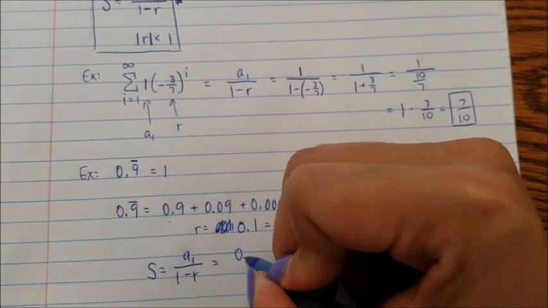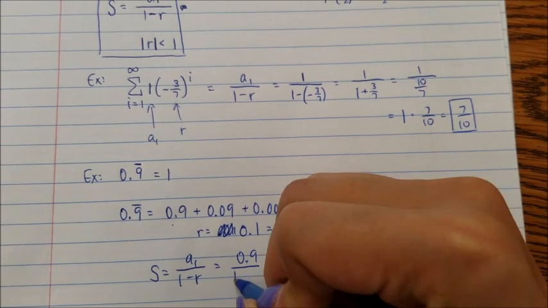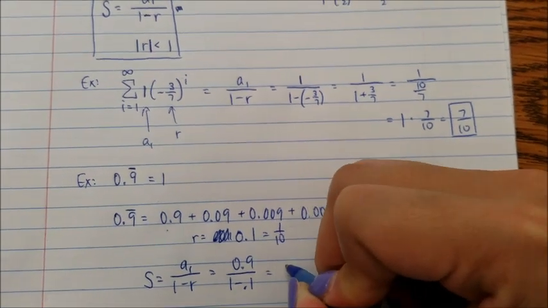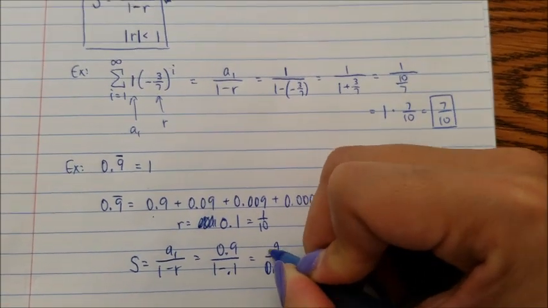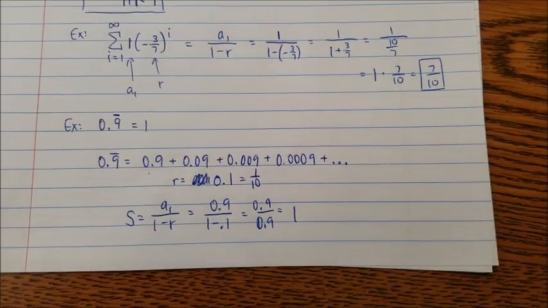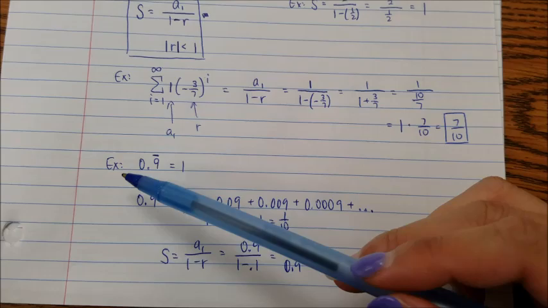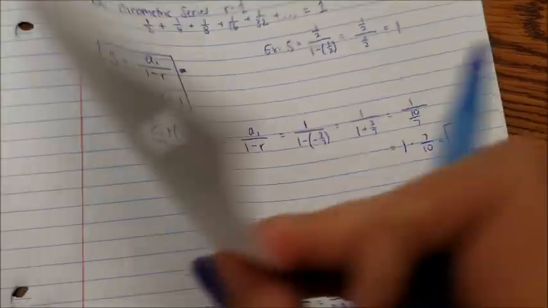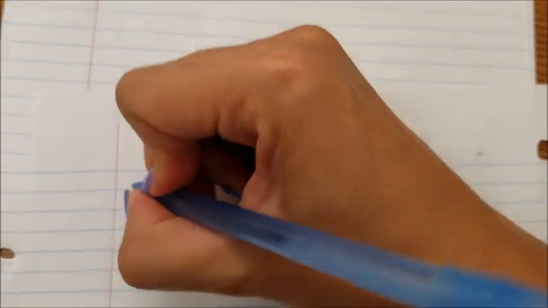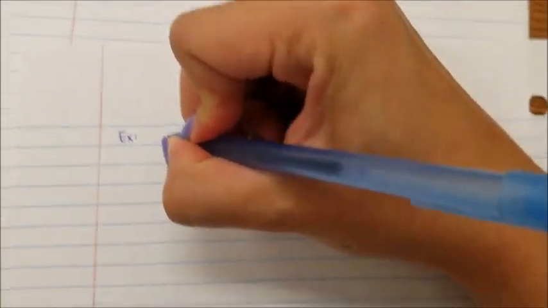So if I plug this in, I have 0.9 divided by 1 minus 0.1. 1 minus 0.1 is just 0.9. So that equals 1. Thus, proof that 0.9 repeating is actually equal to 1. Kind of cool.